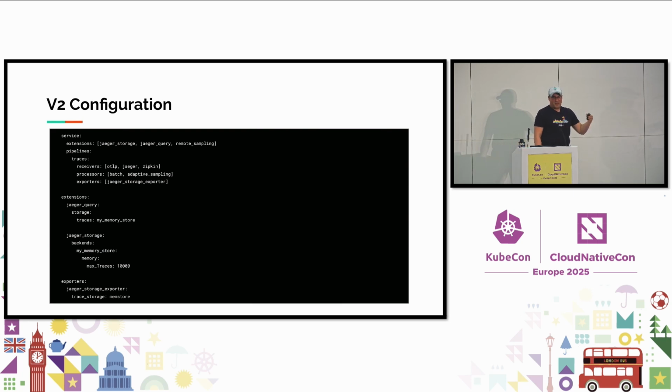So I'm not going to bore you with the entire config, and those that have used OpenTelemetry can recognize most of this. We obviously have our extensions that allow us to do things that interact with the collector dynamically, whether that's remote sampling or running our queries. And then we obviously have the trace processing and everything involved there.